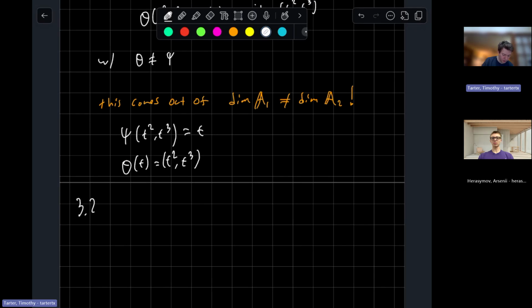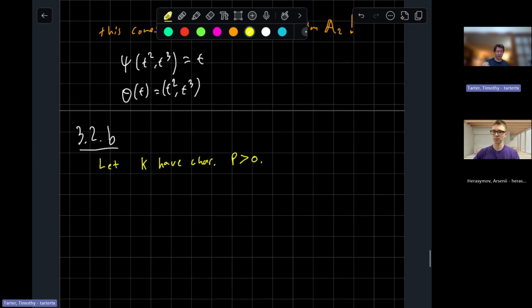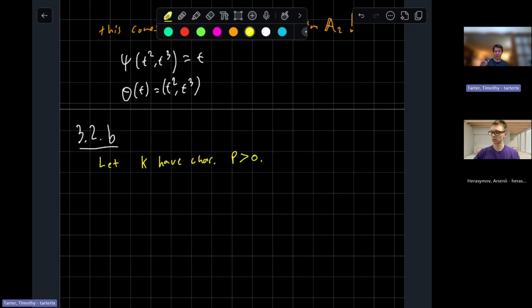So for 3.2 part B, we're going to define the Frobenius morphism. Let K have characteristic p greater than 0. It's worth noting this gives us something called a mixed characteristic.